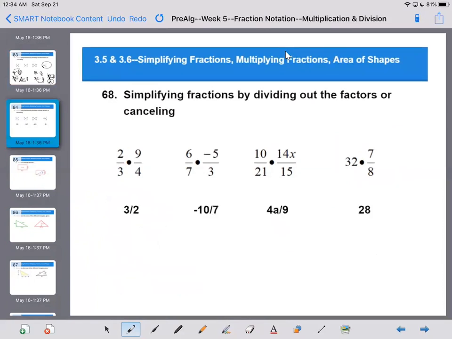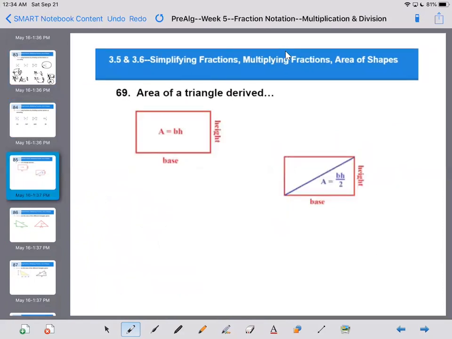All right, so now let's look at area. So when we're dealing with a rectangle, the area is just going to be your length times your width, or your base times your height. But if you're dealing with a triangle, you're just dividing all that in half.